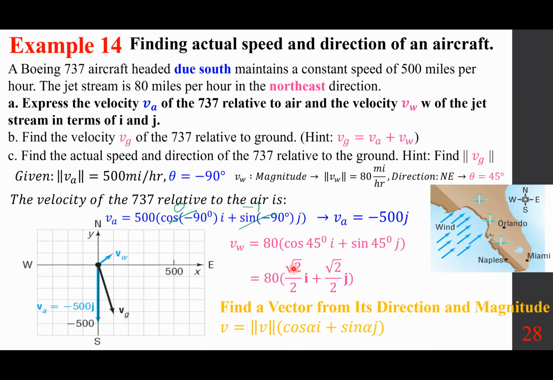So 40 square root of 2 times I plus J, or 40 square root of 2 I plus 40 square root of 2 J. All right, so that's part A. We found both of them in terms of their components I and J. We're going to move on to part B.